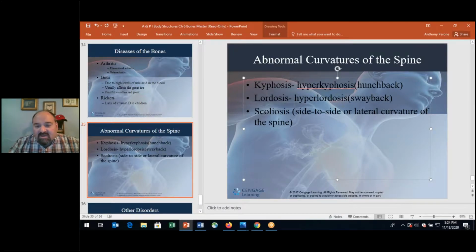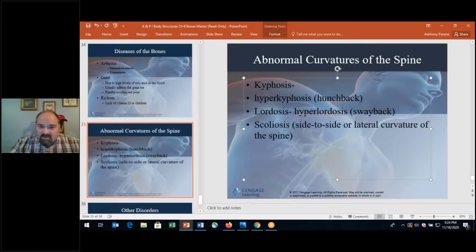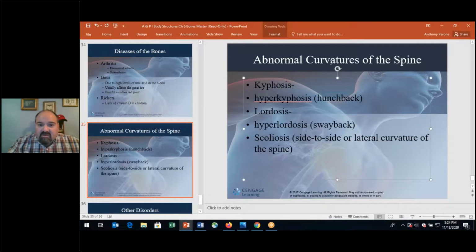Realize that within our spine we have a kyphosis and we have a lordosis. The kyphosis is our primary curve. The lordosis is our secondary curve. And actually we would say curves.